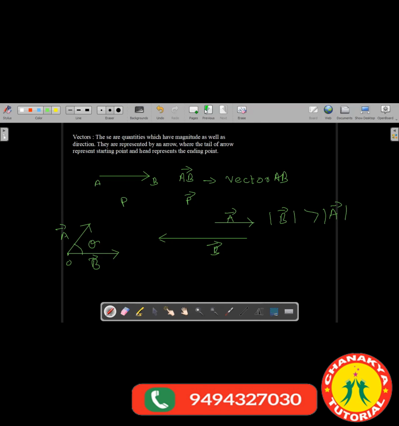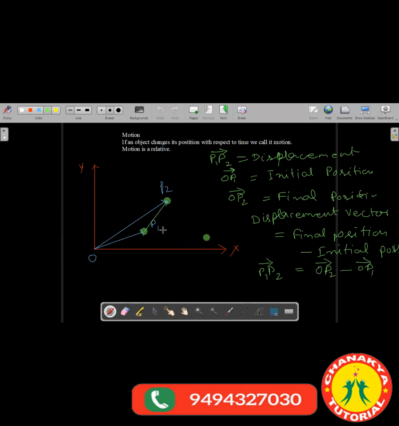So see in the previous one, if I want to find the magnitude of the displacement, the magnitude of displacement would be given by the length of the line P1, P2. The direction of the displacement would be given by the angle with the x-axis or y-axis.